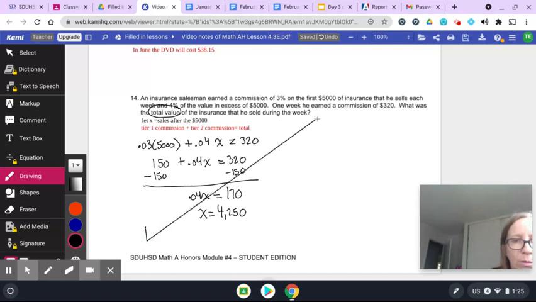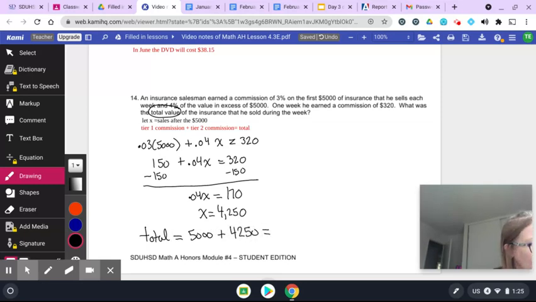So my total, whoa, crazy line. My total was the first tier 5,000 plus my second tier of sales to get a total sales of $9,250.